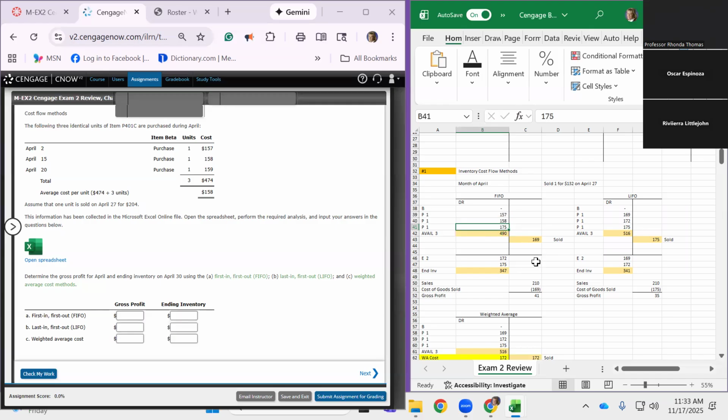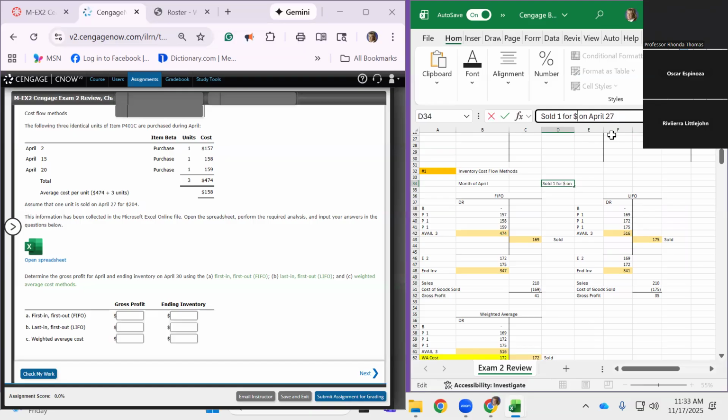Our second purchase is 158. Our third purchase is 159. We have 3 available, right? It says assume that 1 unit is sold at $2.04, sold at $2.04 on April 27th.